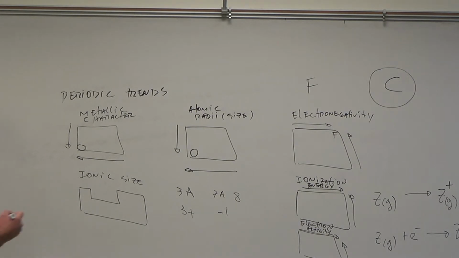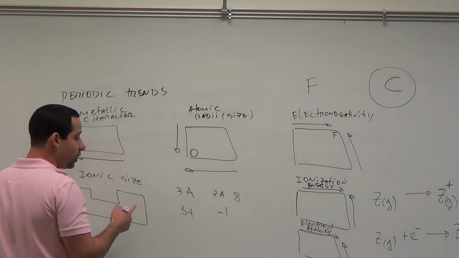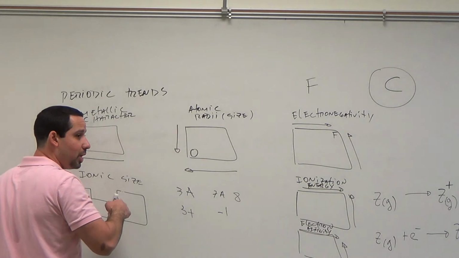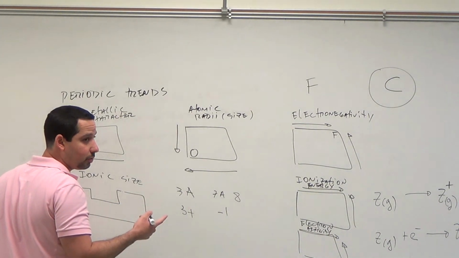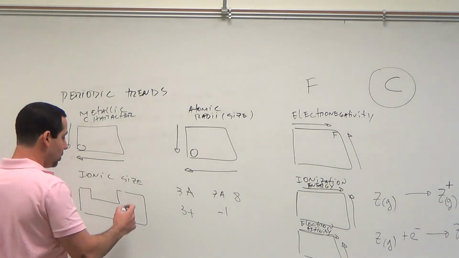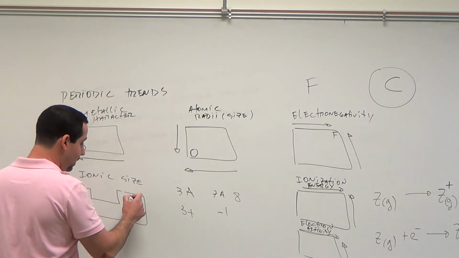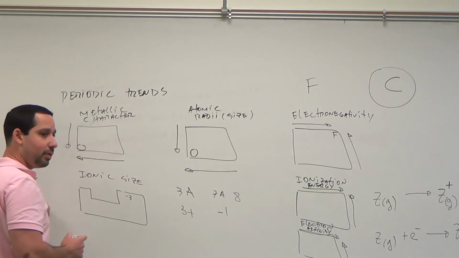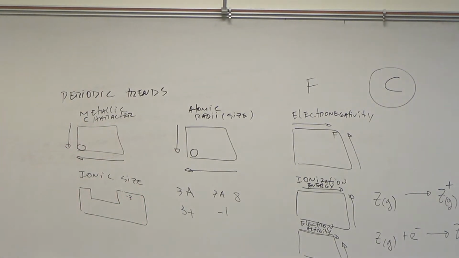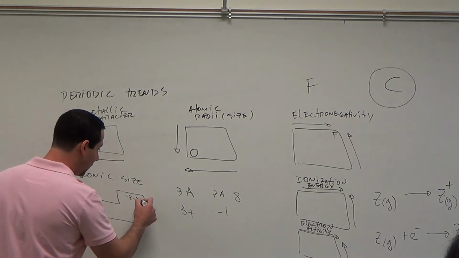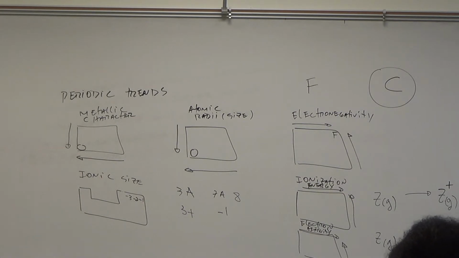Okay, so these elements here, which one would be bigger? One that gained 3 electrons or one that gained 2 electrons? 3. One that gained 3 electrons. So the ones that gain 3 electrons or have a -3 charge will be larger than the ones that have -2 and the ones that have -1.